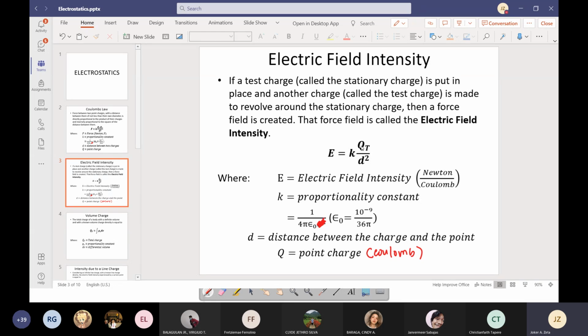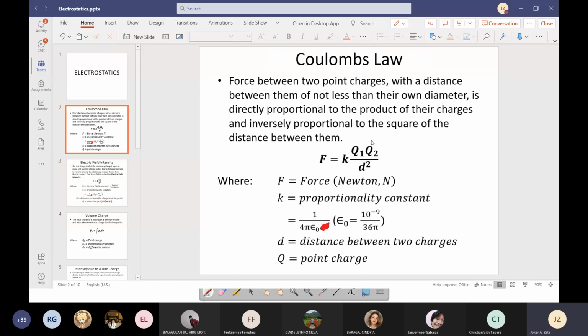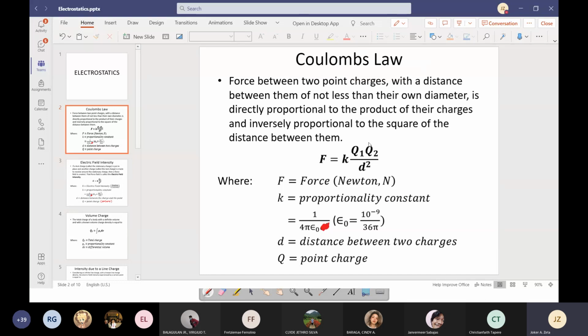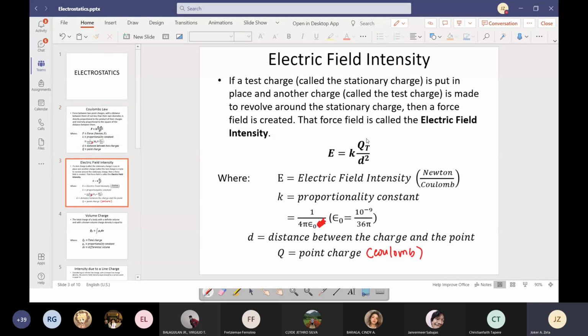As you can see here, as I said, Coulomb's law and electric field intensity are directly related. So if you know Coulomb's law, no doubt you will know electric field intensity because they are the same. There's no need to worry about the formula for electric field intensity.